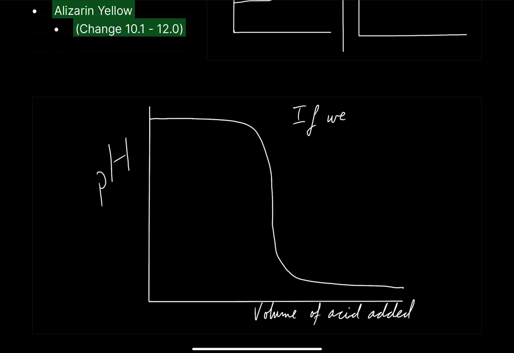Everything that I said applies, it's just that the graph would be flipped if we had the base in our flask. Remember what you're measuring. You always have a pH probe in your conical flask or beaker, whatever. It's usually a conical flask that's used to measure the pH, right?